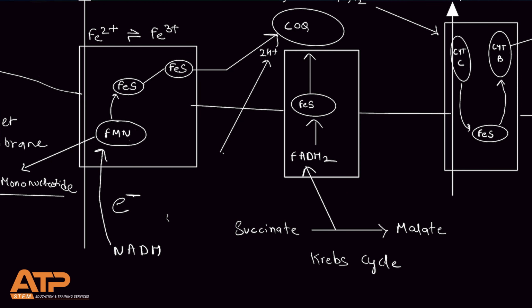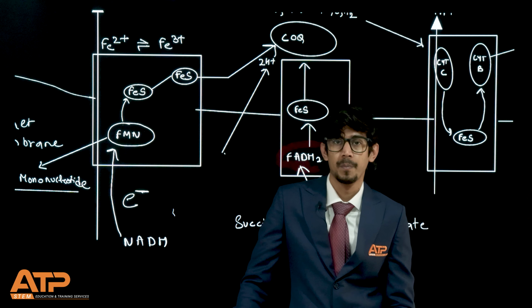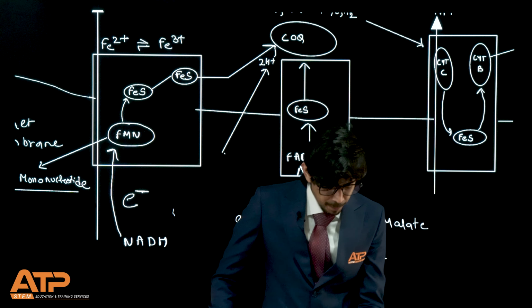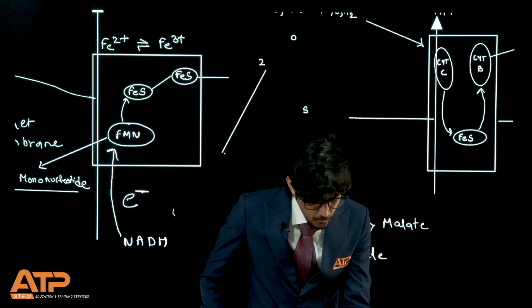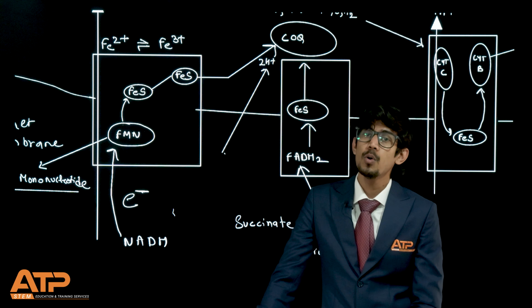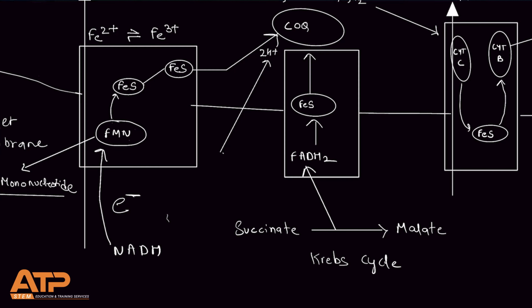Succinate gets oxidized and we get FADH2, that is, FAD plus gets converted into FADH2. Therefore, the name of this complex is succinate dehydrogenase, because it removes the hydrogen from the succinate and adds it to FAD plus to form FADH2.